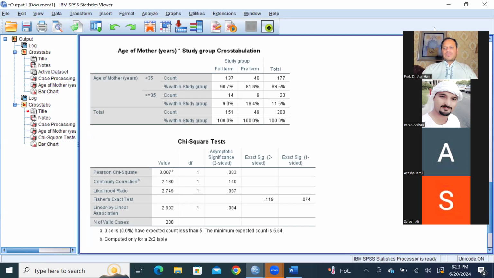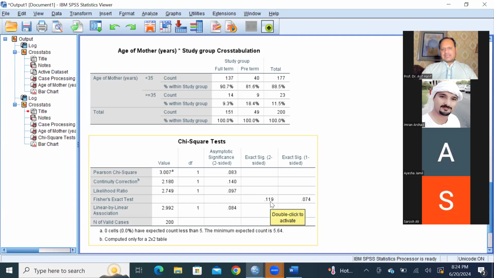We may add that there is positive association, or one-sided association, negative association, but usually we make it two-sided. So always see this p-value for the chi-square test and this p-value for the Fisher exact test.